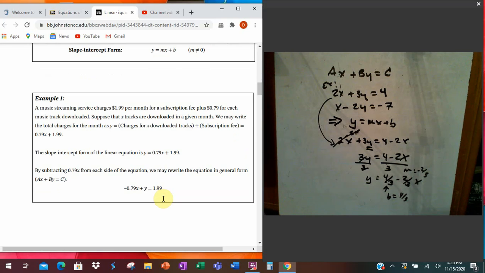But then for each download you do, it's 79 cents. Suppose that x tracks are downloaded in a given month. We may write the total charges for the month as y, charges for x downloaded tracks plus a subscription fee, and the way that works out is just 0.79, 79 cents, times the number of tracks.